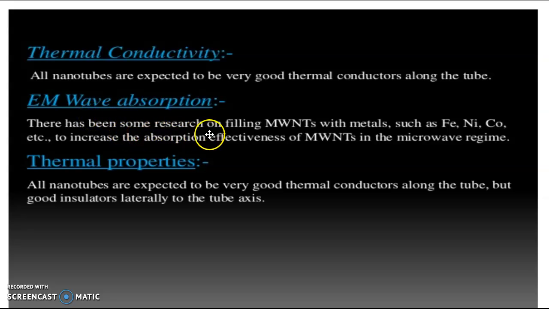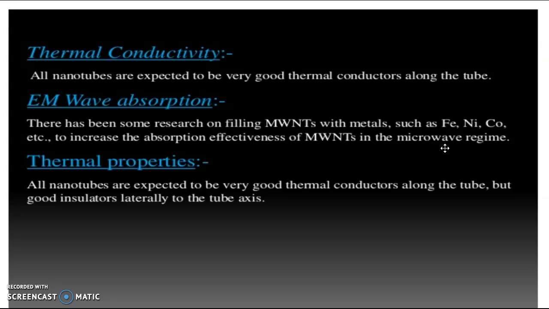There has been some research on filling multi-walled nanotubes with metals such as iron, nickel, cobalt, etc., to increase the absorption effectiveness of multi-walled nanotubes in the microwave region. In electromagnetic radiation we have so many regions, and in that we are using the microwave region.